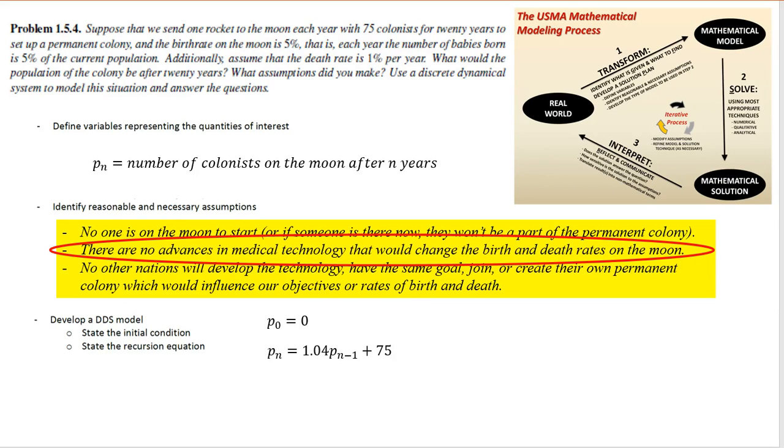So if we made a different assumption, we'd still have a birth rate of 5%, but we're going to assume the death rate is closer to 0%. And we see that that truly is a change in our model, because now we have 1.05 times P sub n minus 1 plus 75, and that equals our P sub n value.